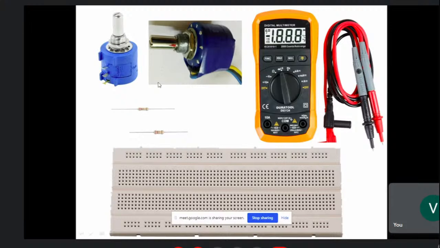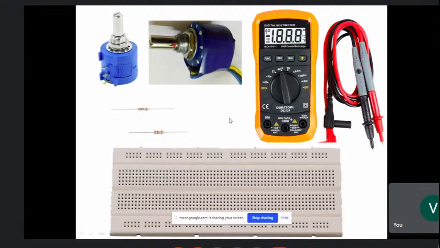But in a multi-turn potentiometer, usually called a pot, this is a multi-turn pot, 10-turn pot, 100 ohm.